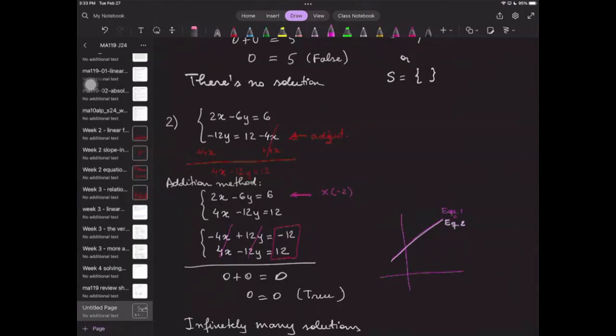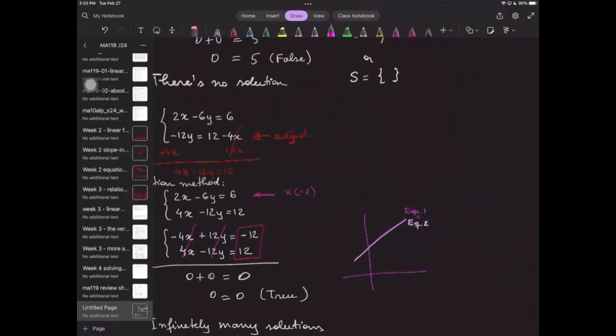All right, so I said in the beginning of example number 2 that we could solve this also without creating fractions using the other method. So let me write on the side the other method. So now I'm going to do the substitution method.